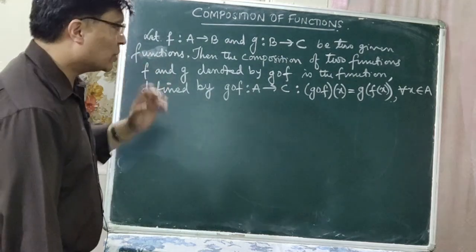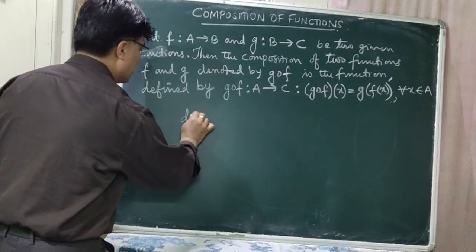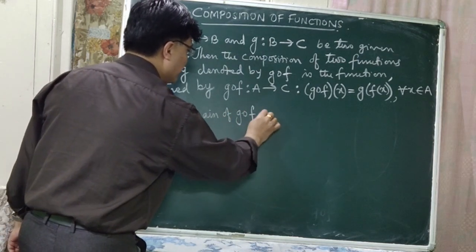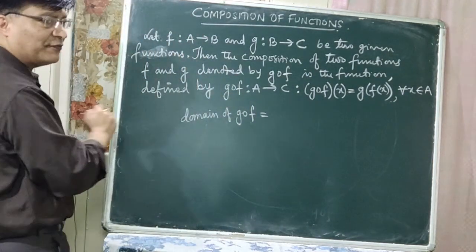Now in this case you have to remember that the domain of gof is equal to the domain of f. What is the domain of gof? It is the domain of f.